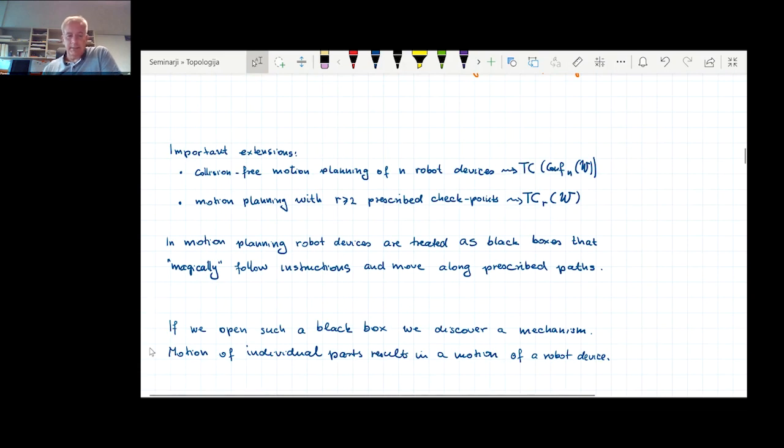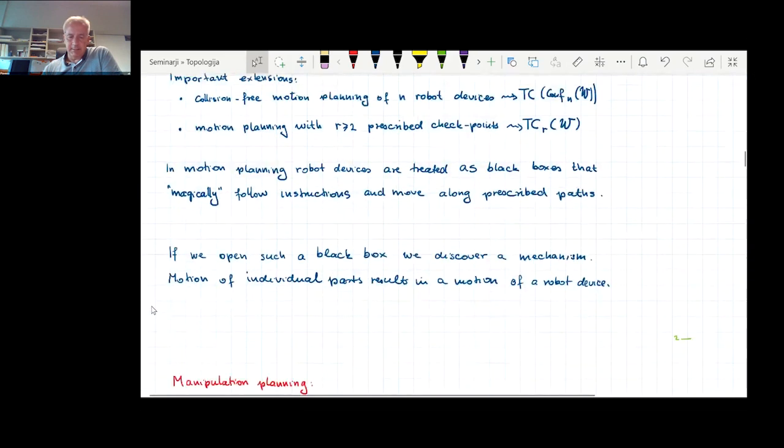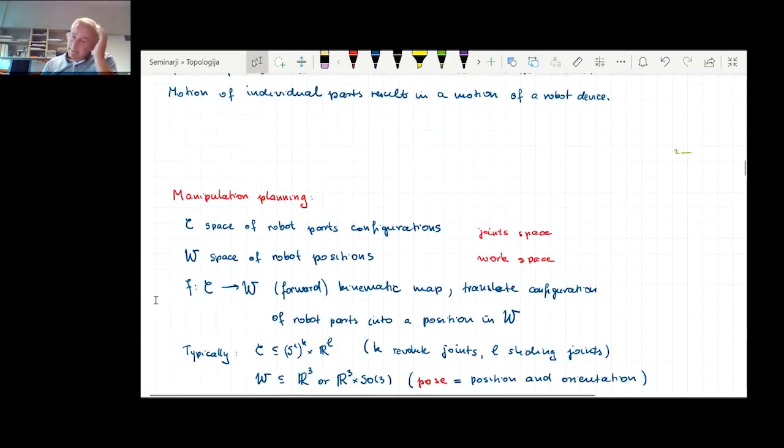And it turns out that this is not linear, so it gives the problem some additional level of difficulty. It becomes more complicated. So let us first see how this is formulated, how this is stated. So this is something that I call manipulation planning, and now you have two spaces.